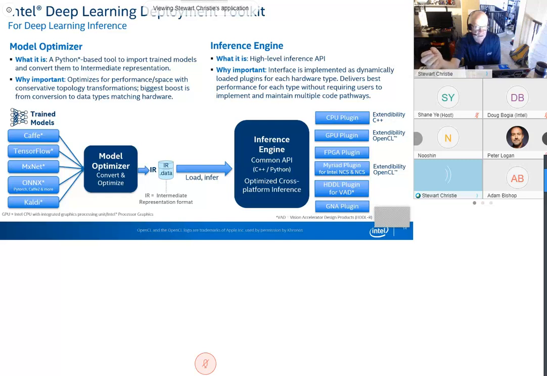So the kernels that they run for each layer are OpenCL, and we supply example code. We've got a small training session on adding extensibility for a new layer, a custom layer.